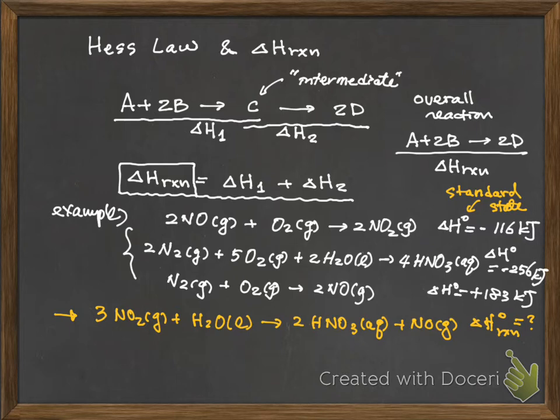So let's see which one shows up in here. First NO2 gas, which is 3NO2 gas, but the NO2 I have shows up on the right hand side, and this is the delta H of this. So I want the reaction to show up in a way that I need to write 3NO2.